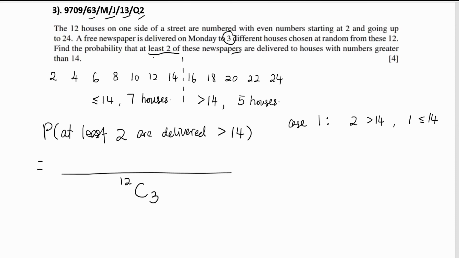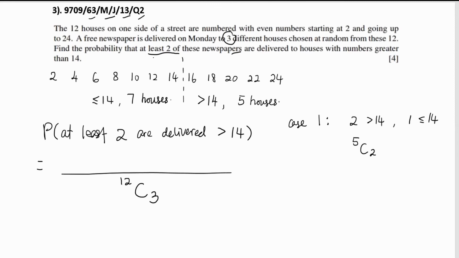There are 5 houses numbered greater than 14, so out of 5 houses we randomly select 2 and deliver the newspaper, which is 5C2 ways.